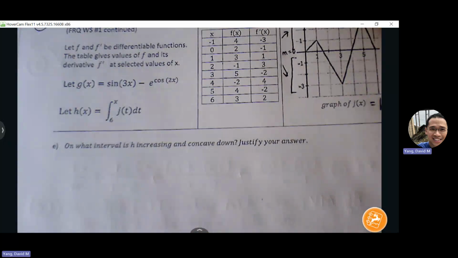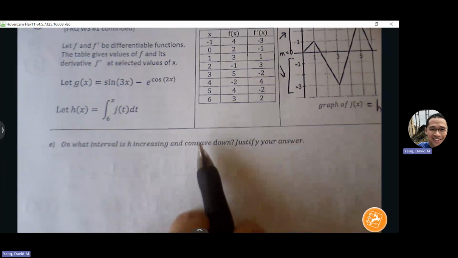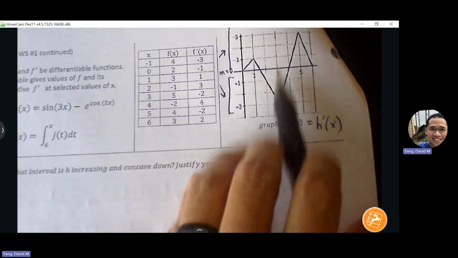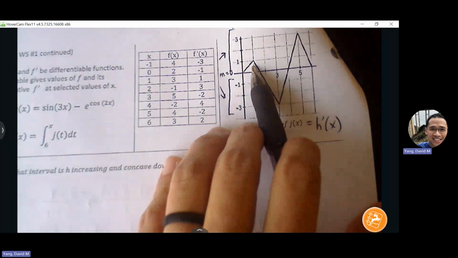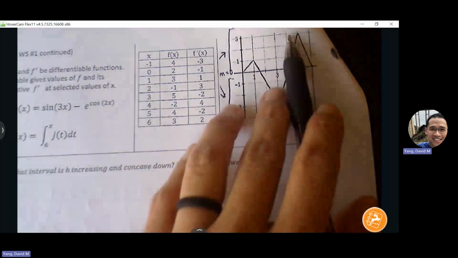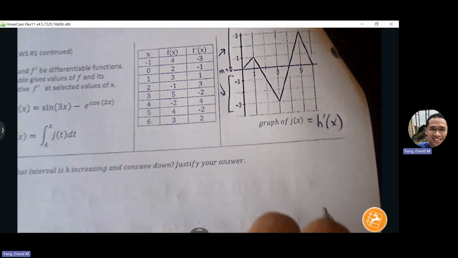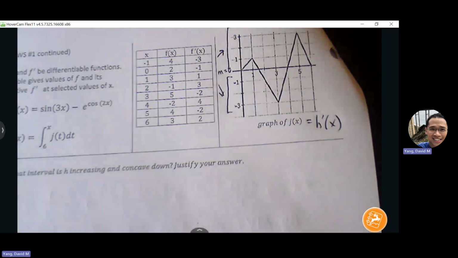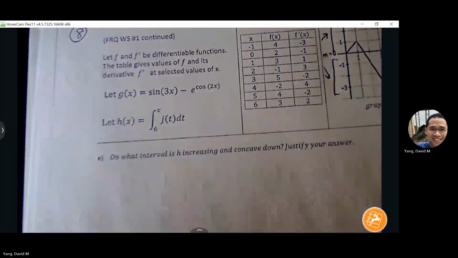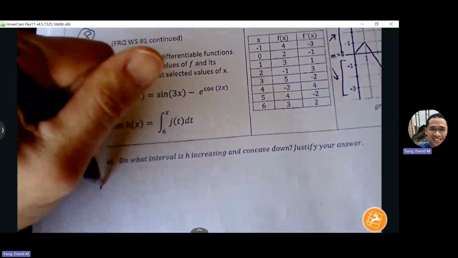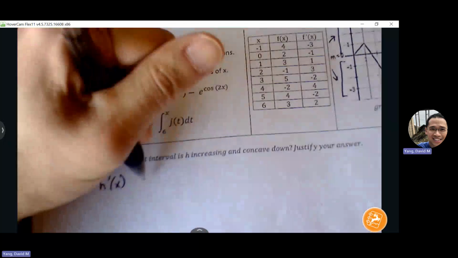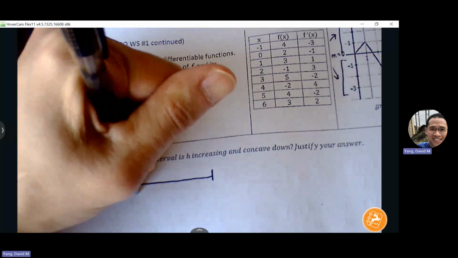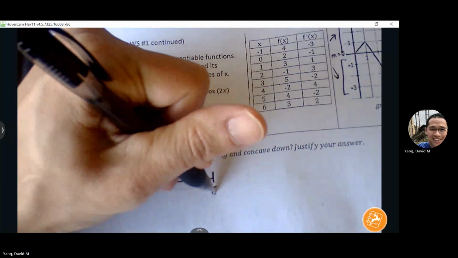Oh, and then concavity. Concavity deals with points of inflection, which are the peaks and valleys of the derivative graph, and the rise and fall will match with the concave up and concave down of the original h graph. So let's build out our slope sign line. This is from first semester, right? First semester review here. So I'm going to create my sign line here from 0 to 6.